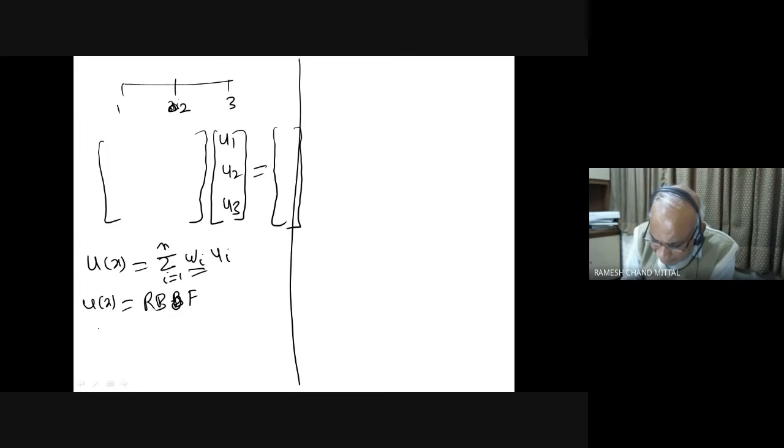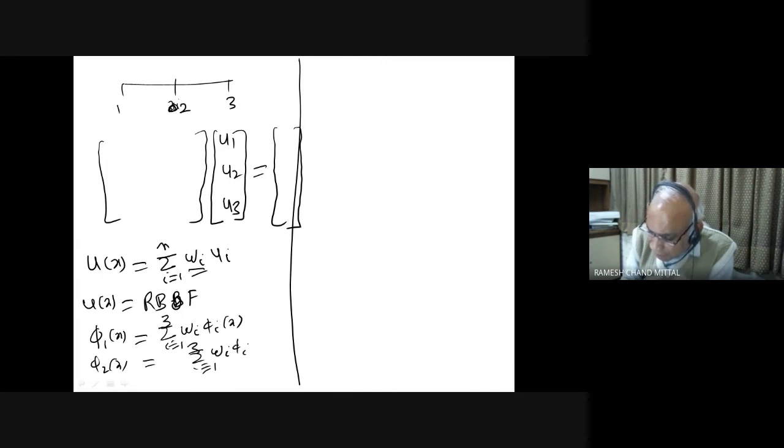So I take phi 1(x), phi 2(x) and phi 3(x). In terms of phi 1(x), I will write in terms of i 1 to 3 points. I have taken 1 to 3 points. Sum of W_i phi_i(x). Similarly, phi 2(x) will be i 1 to 3 W_i phi_i(x).